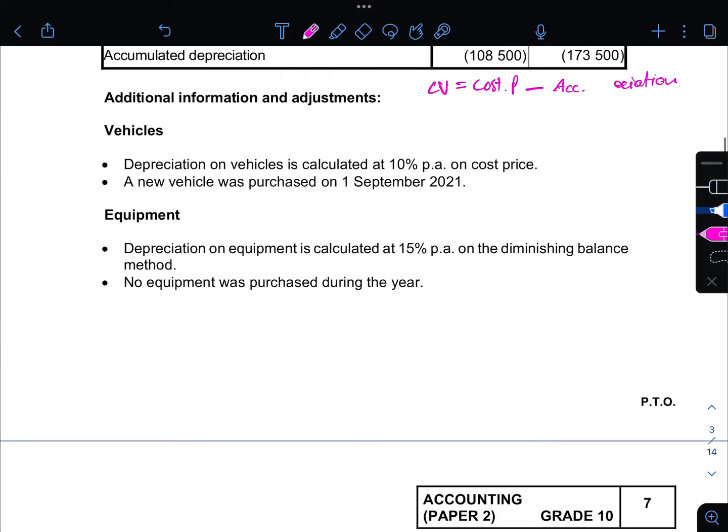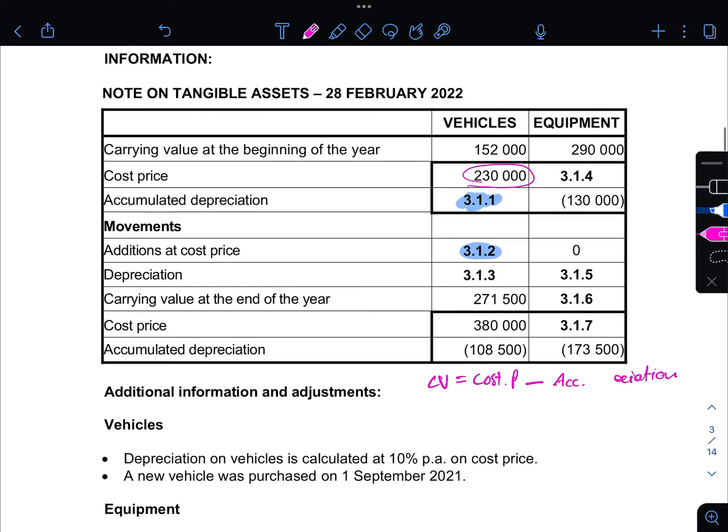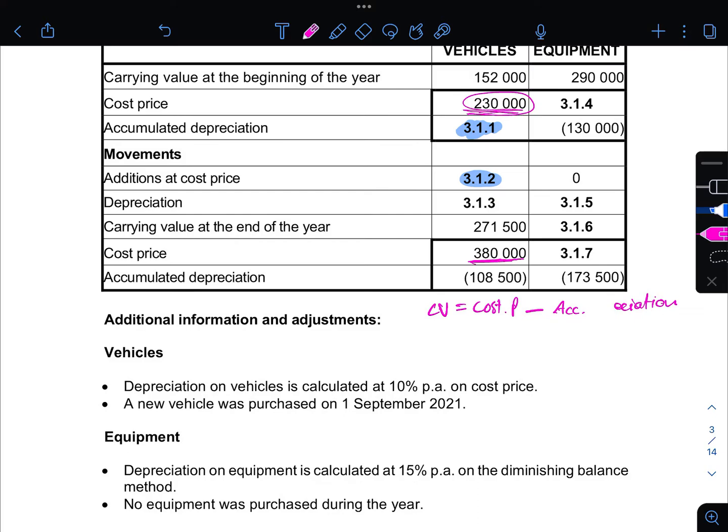Let's check the information. We were given the cost price at the start of 230,000, and we closed with a cost price of 380,000. So how do we get what was added? At the end we have 380,000, which is equal to 230,000 plus whatever we have added.